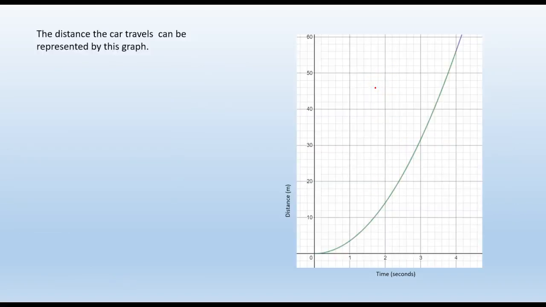This slide is showing me the same travelling of the car, but now I'm looking at the distance according to the time. So remember we said that initially as the velocity was slow, the distance travelled was at a slower rate, and then it steadily increased until at 4 seconds it then kept on at a linear rate because its speed was travelling at a constant rate of 28 meters per second.